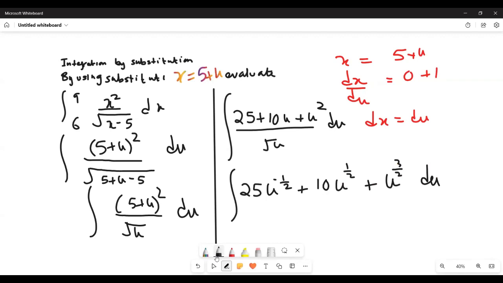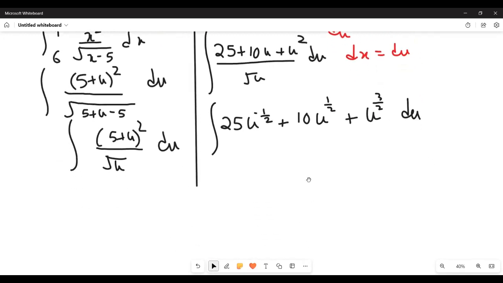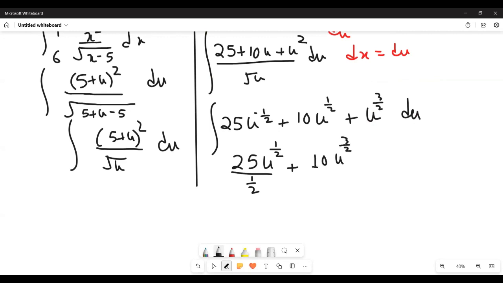Okay. Now we integrate this. So we have 25 u power में 1 add हो गया so half upon half plus 10 u 3/2 upon 3/2 plus u plus 1 हो गया तो 5/2 upon 5/2.